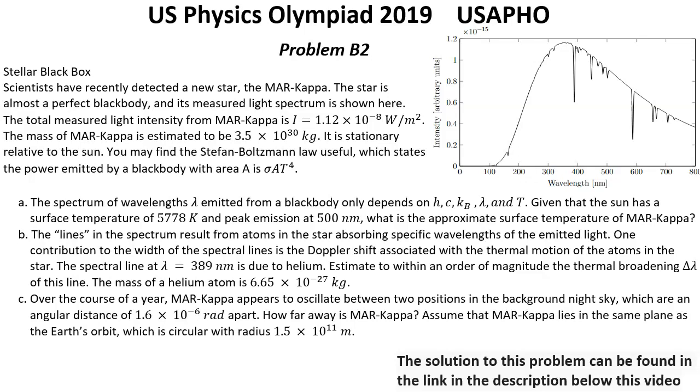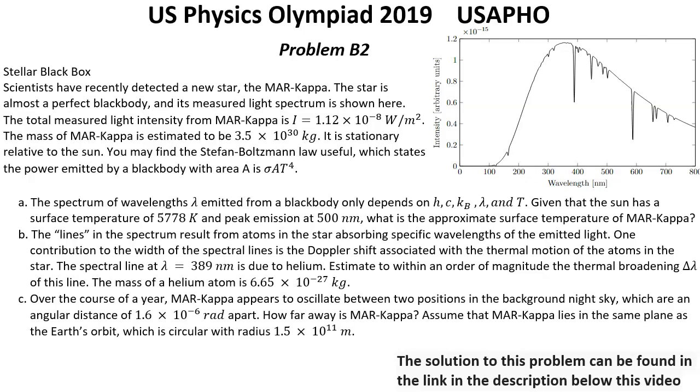Question B. The lines in the spectrum result from atoms in the star absorbing specific wavelengths of the emitted light. One contribution to the width of the spectral lines is the Doppler shift associated with the thermal motion of the atoms in the star.